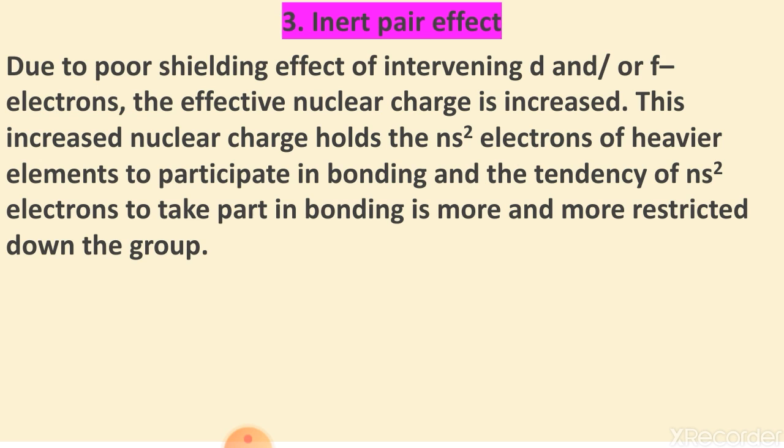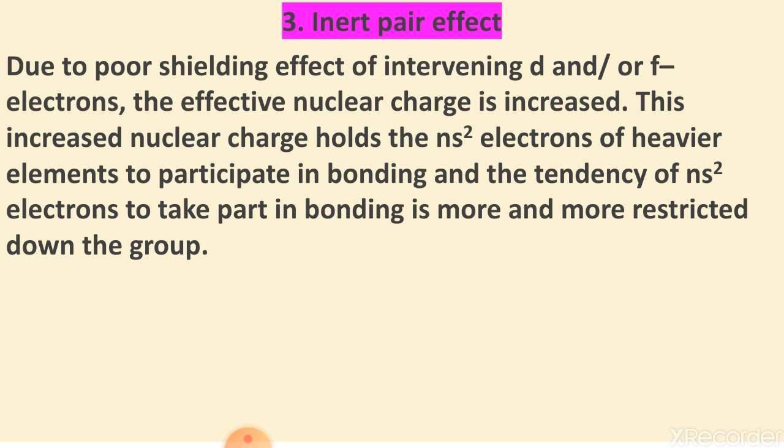For example, nitrogen and phosphorus both form the +5 oxidation state, which is more stable than the +3 oxidation state, but for bismuth, the +3 oxidation state is more stable than the +5 oxidation state.